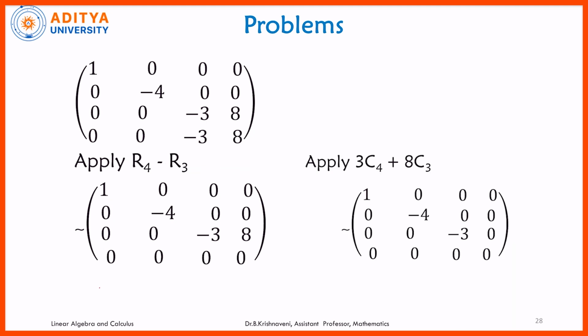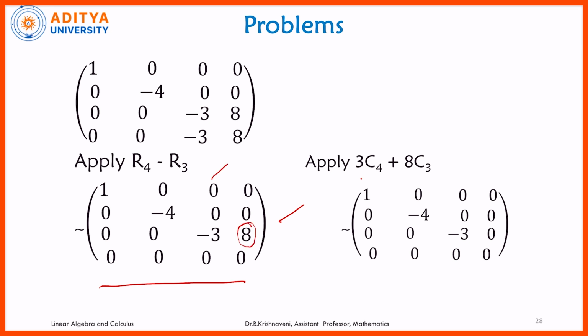Now if you see this matrix, the last row becomes 0. But still we have to apply row or column operations in order to make this into normal form. If I see this matrix, there is a possibility of making this entry 0 using C3.